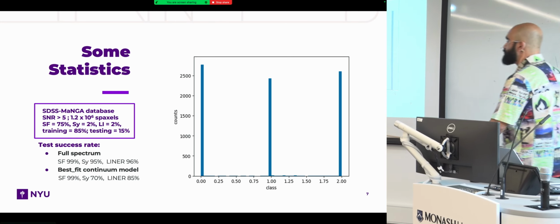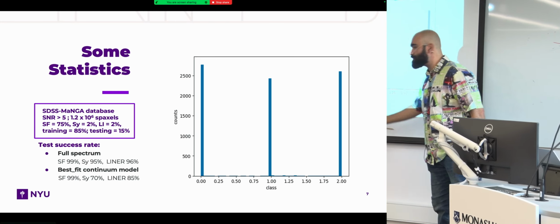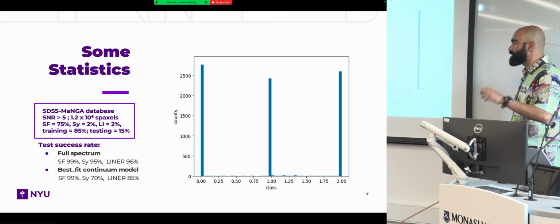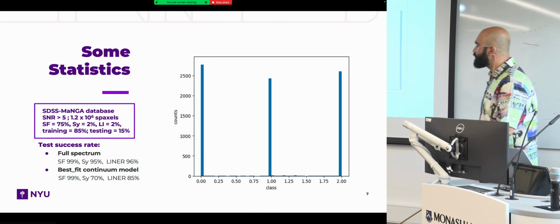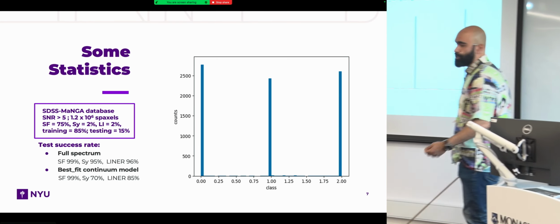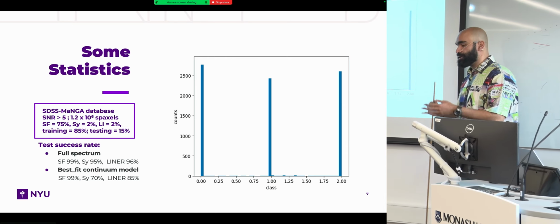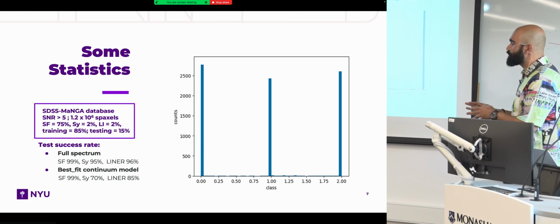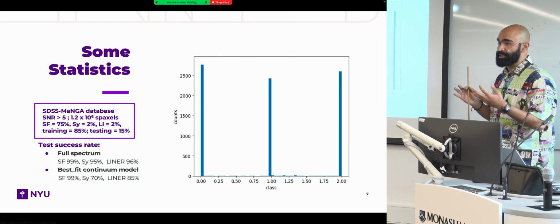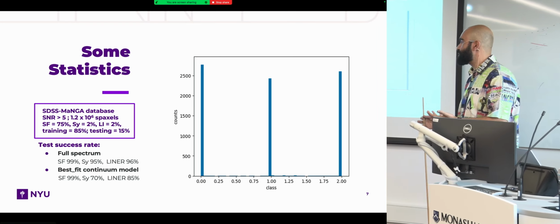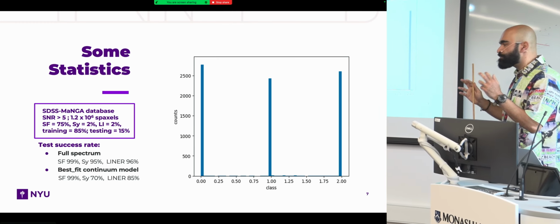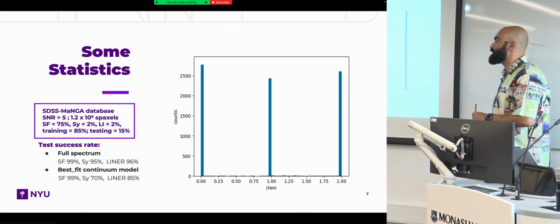So back to this point. For star-forming spaxels, you can rely on either the strong emission lines or the absorption features to distinguish these spectra. But for Seyferts and LINERs, because they were thought to be due to AGN activity, you'd expect the strong emission lines to carry the signature of these two classes, but the continuum itself should not, because it's just related to the stars, and the stars are allegedly not responsible for line emission.